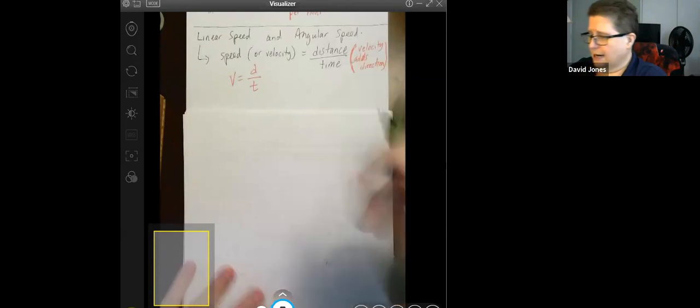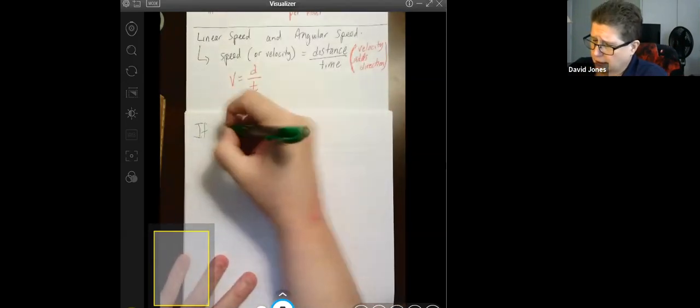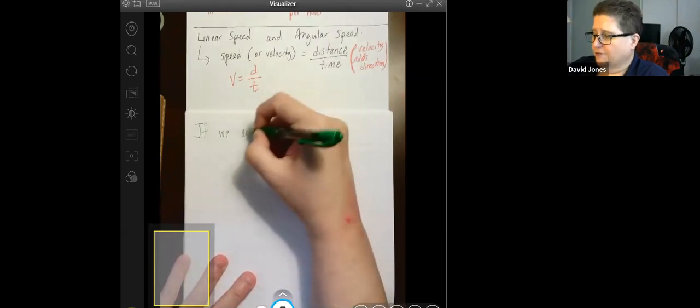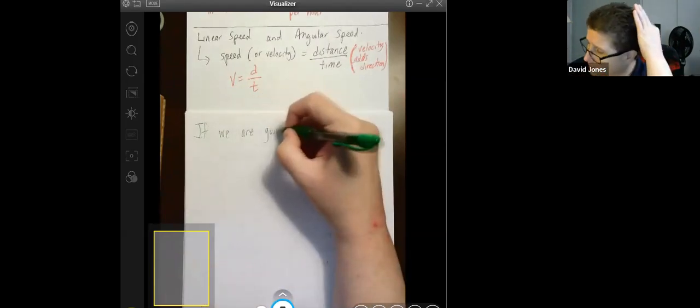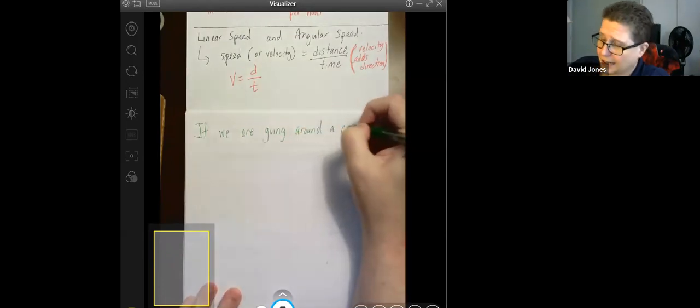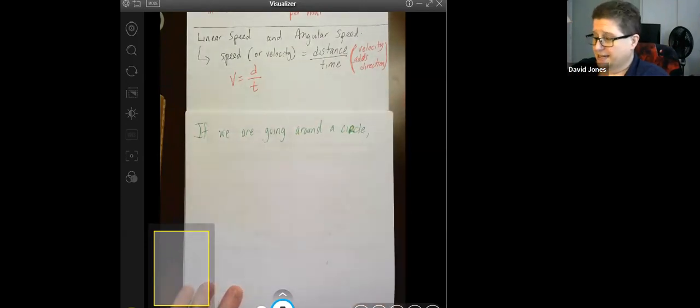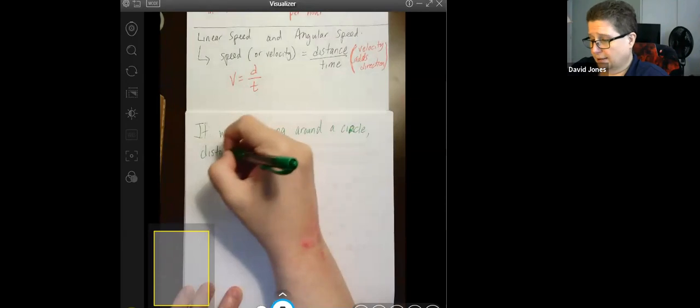Angular speed, how angular speed works. If we are going around the edge of a circle, like driving around the earth or taking a boat around the earth, distance is actually arc length.